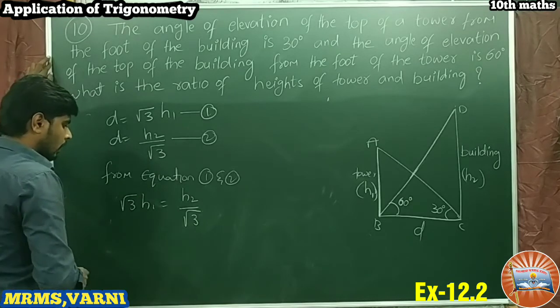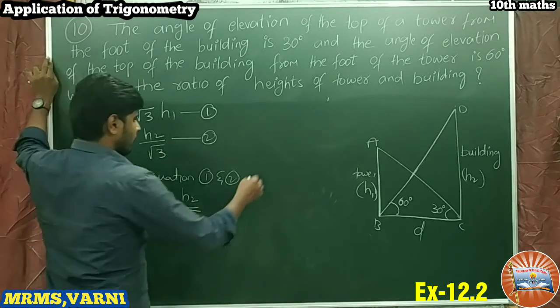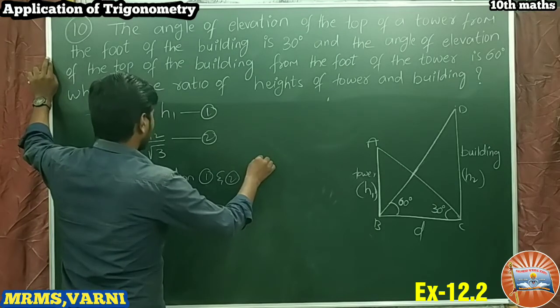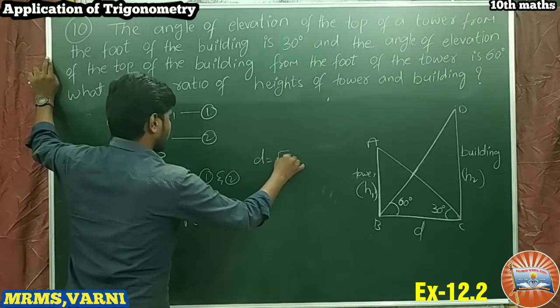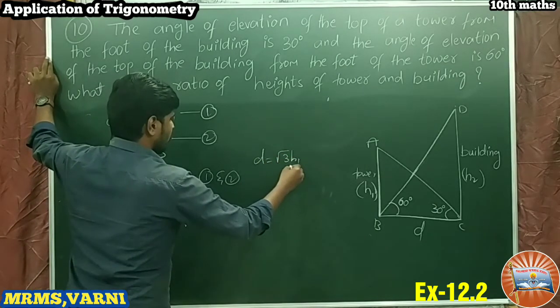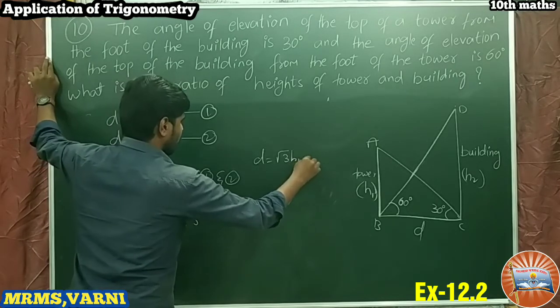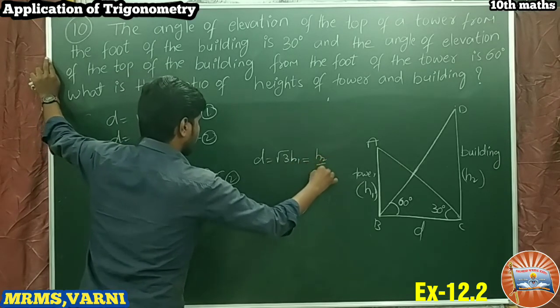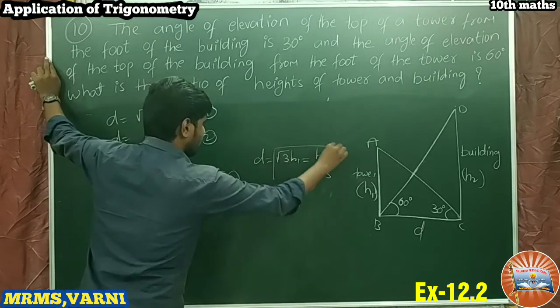Is it clear how it happens? Right, so the D value is equal to root 3 H1 as well as H2 by root 3. We can take this part.